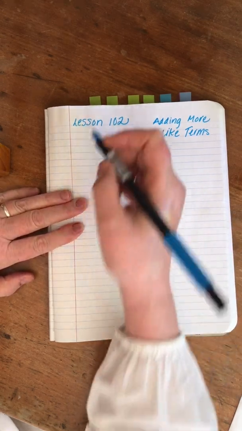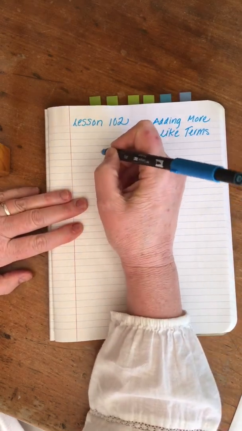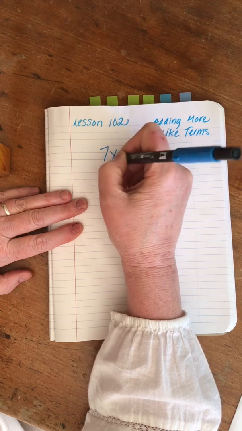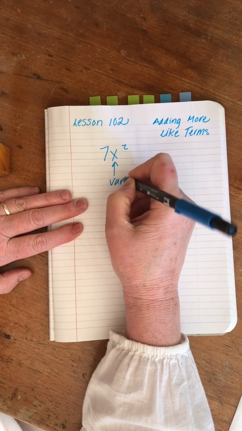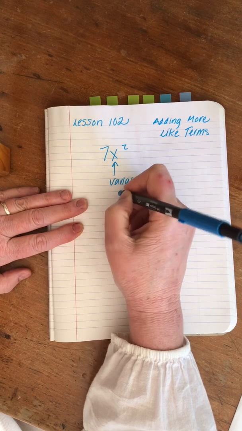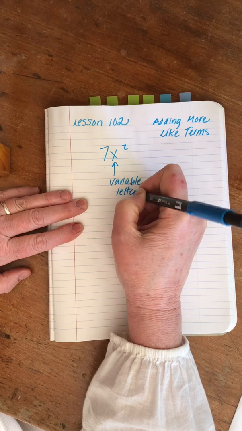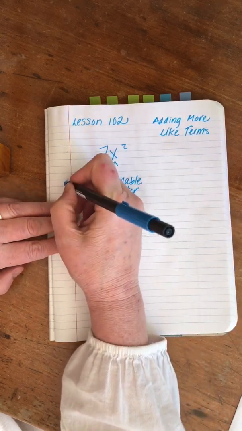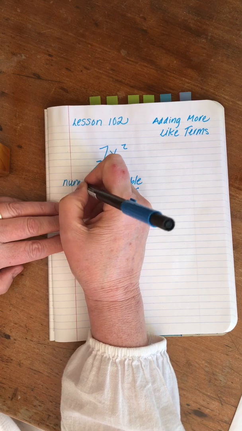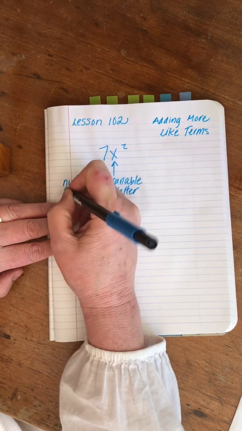Remember that the basic idea with adding like terms: we have a variable, which is a letter, and we have oftentimes what's called a numeric coefficient.